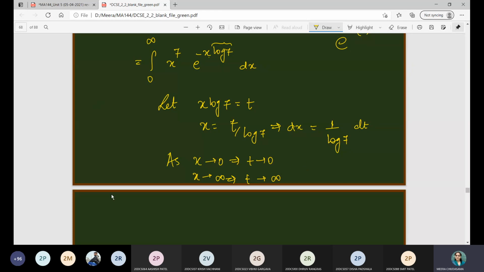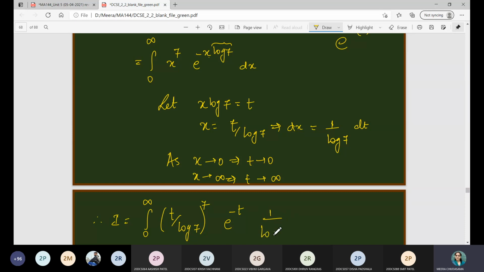So let us substitute these values. Therefore I is equal to the integral from 0 to infinity of x raised to 7, that is t upon log 7 raised to 7, into e raised to, now x log 7 we have considered as t, so this will become e raised to minus t, into dx.